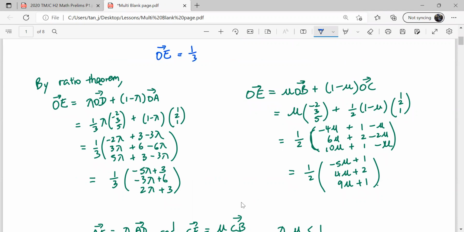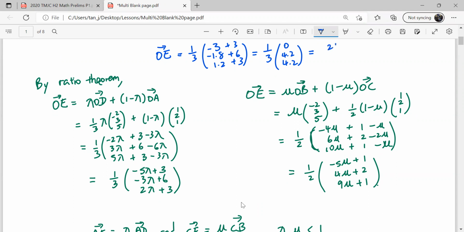equals 1/3 of negative 5 times 0.6, which is negative 3. Negative 3 times 0.6 is negative 1.8. 2 times 0.6 is 1.2. So plus 3 plus 6 plus 3. 4.2. 4.2 is 21/5.